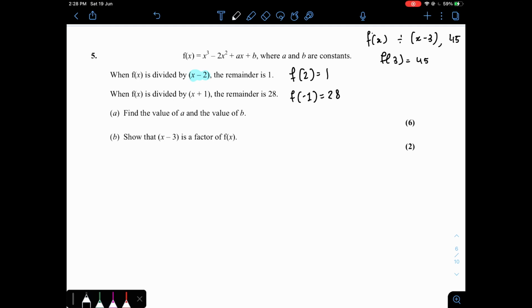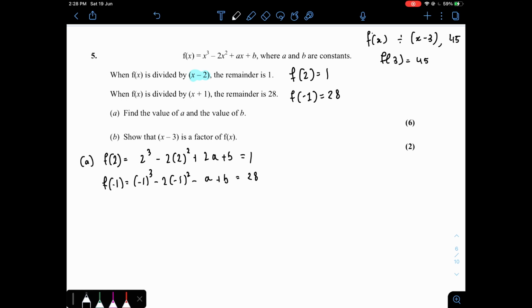So if we do f of 2, part A, let's substitute and see where we can go from there. So f of 2 will be 2 cubed minus 2 times 2 squared plus 2a plus b, and that equals 1, right? f of negative 1 will be negative 1 cubed minus 2 times negative 1 squared minus a plus b equals 28.